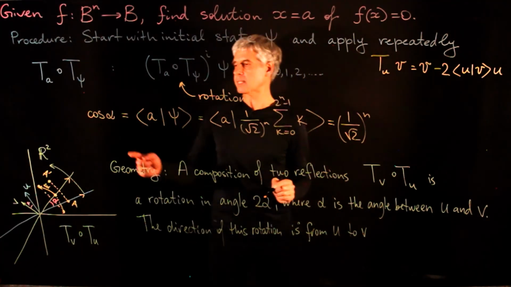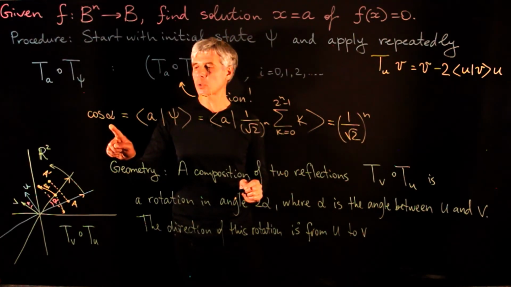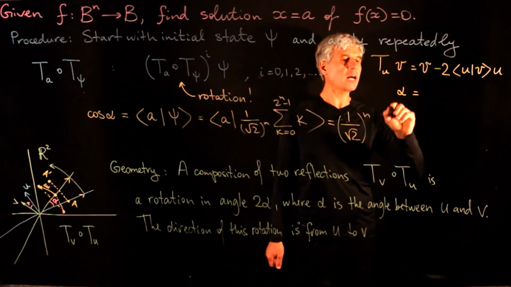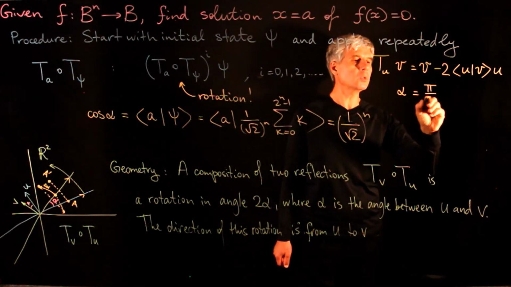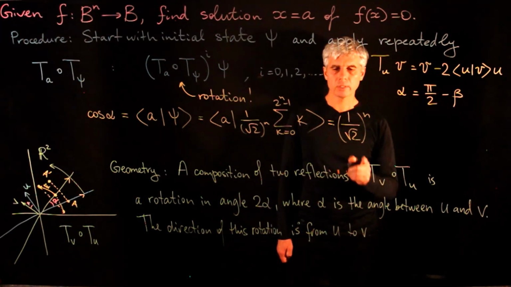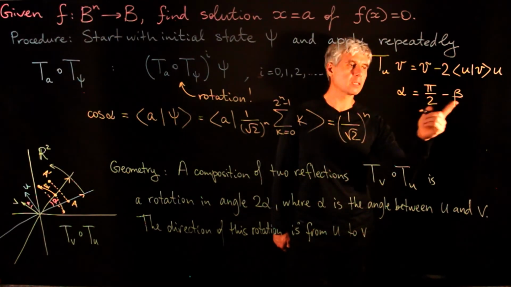So this tells us that the angle alpha is very close to pi over 2. Let us write alpha as pi over 2 minus a small angle beta. Since this cosine is positive, alpha is actually less than pi over 2.